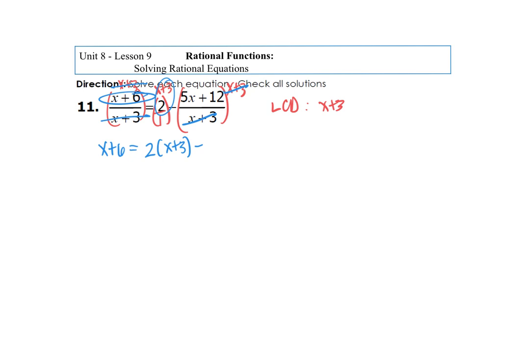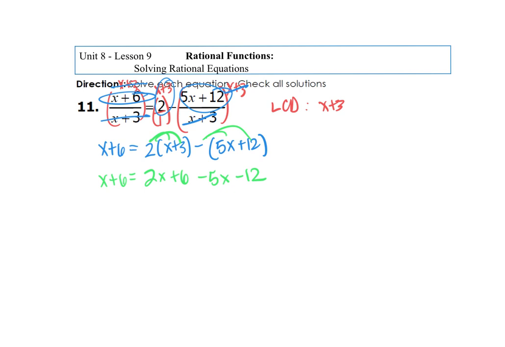We're subtracting the whole numerator, so we need to think of there being parentheses around it because we have to minus both the 5x and the 12. So it gets distributed in. We've got x plus 6 on the left, and we distribute in our 2, and we get 2x plus 6. Distribute in the negative, and we get minus 5x minus 12.